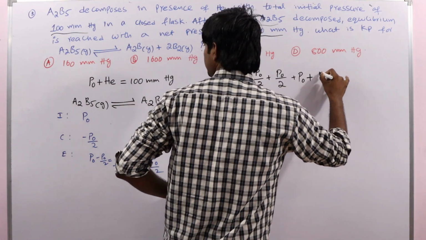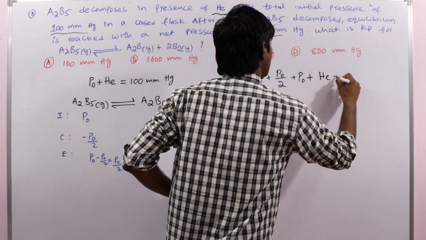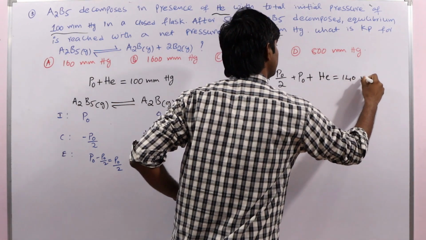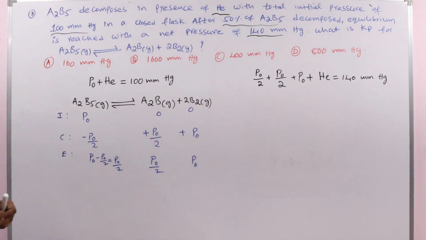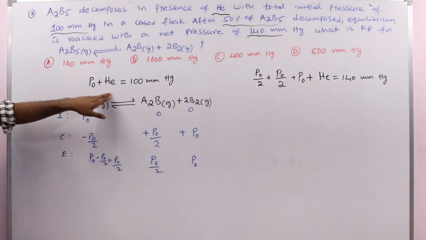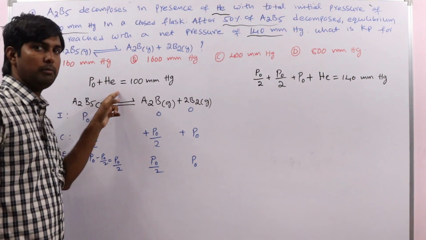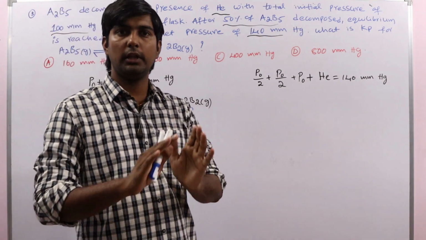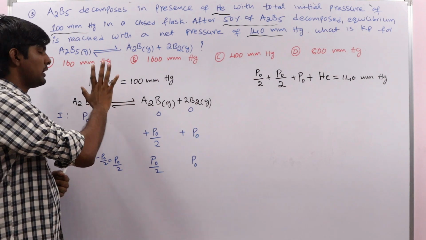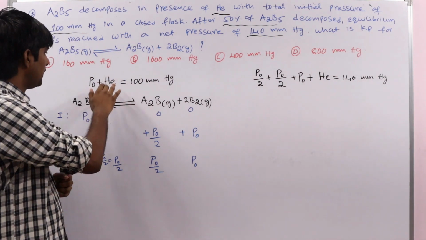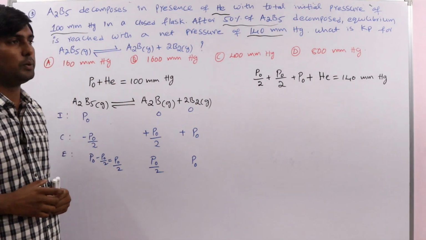Plus we have helium gas as it is. See here, this helium is an inert gas, so it does not participate in the reaction. That remains just as it is. Its contribution remains the same towards total pressure.